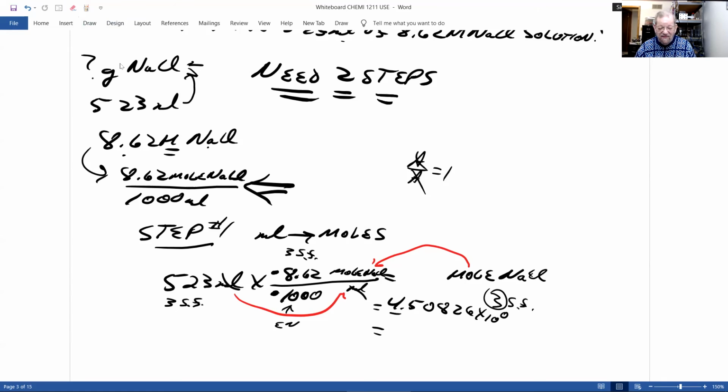Time's up. Keep the 4, keep the 5, keep the 0. Use the 8 to round off. That's 4 or higher. This and everything else, because you're past the decimal, I'll drop. The number in front I'll increase by 1. And you don't have to write it, but I will. 10 to the 0 moles of sodium chloride.